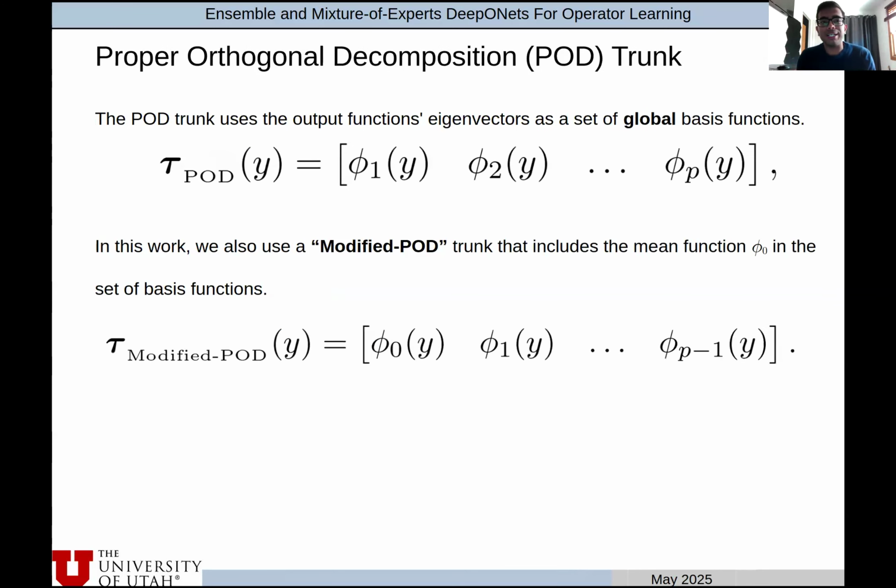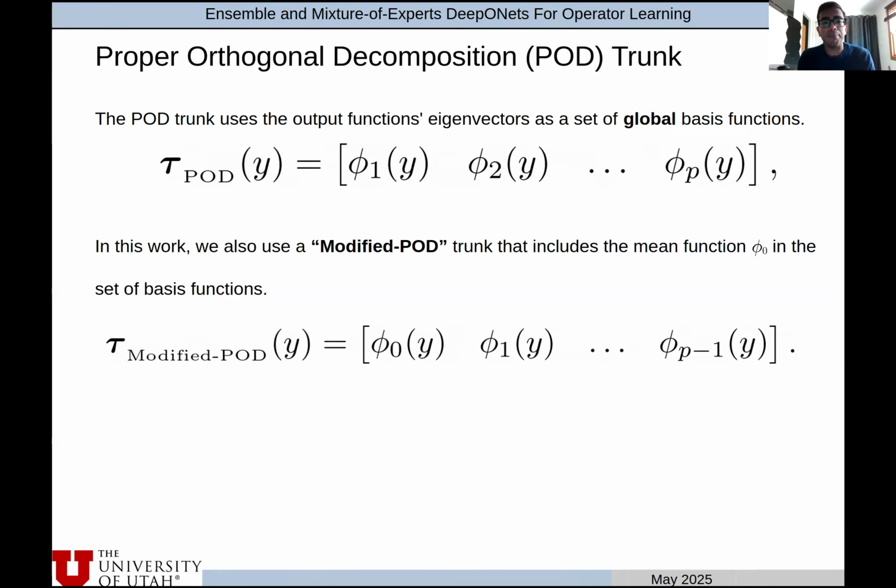Okay. Next, one of the other important contributions that we made in this paper is modifying the POD trunk a little bit. The POD trunk, I think first introduced in the fair comparison paper, 2022, uses the proper orthogonal decomposition of the output functions as a set of global basis functions.